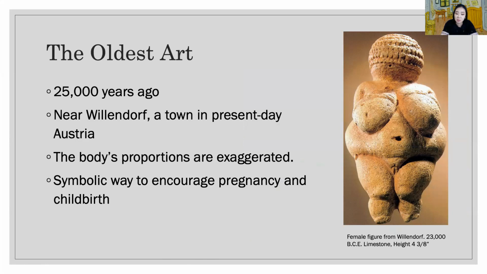It is small enough to fit comfortably in the palm of a hand, and it has a detailed hairstyle that covers the entire head, and the body's proportions are exaggerated. Scholars long assumed that they were fertility figures used in some symbolic way to encourage pregnancy and childbirth.